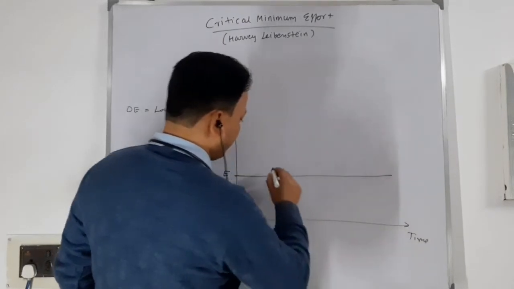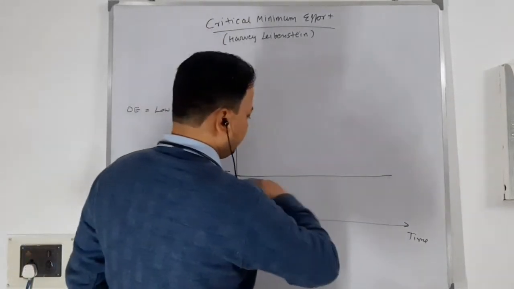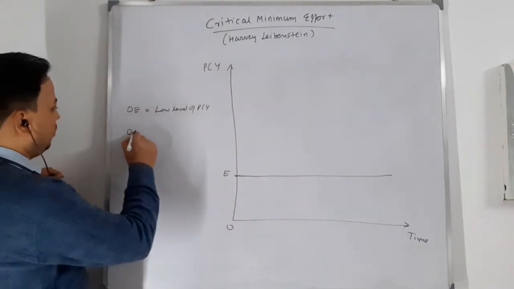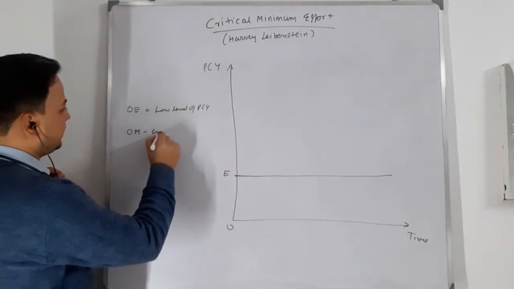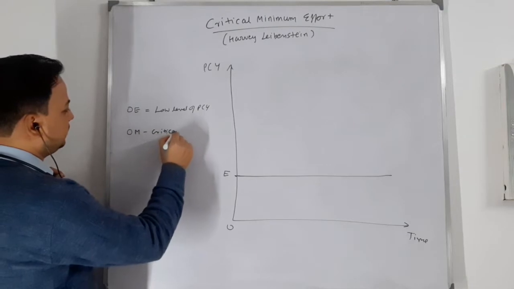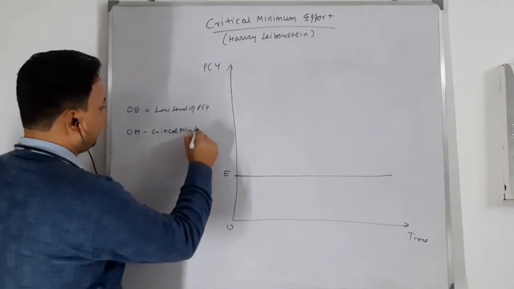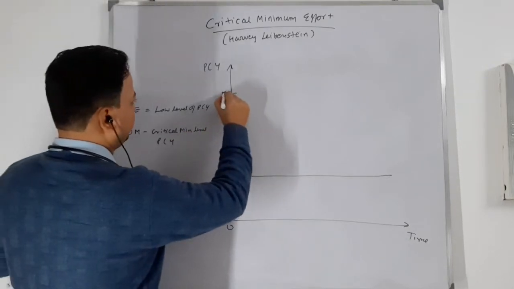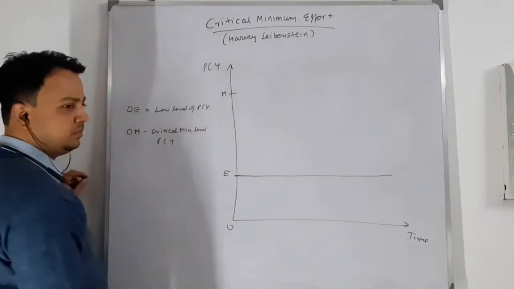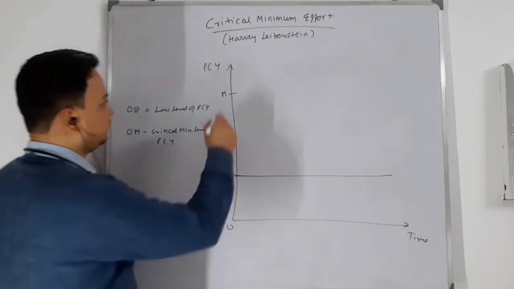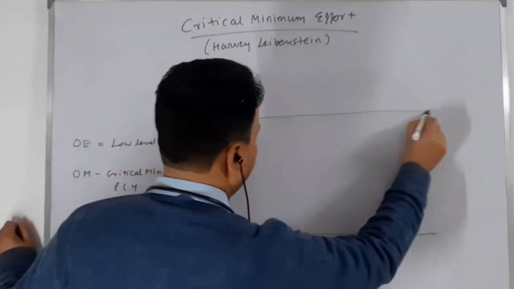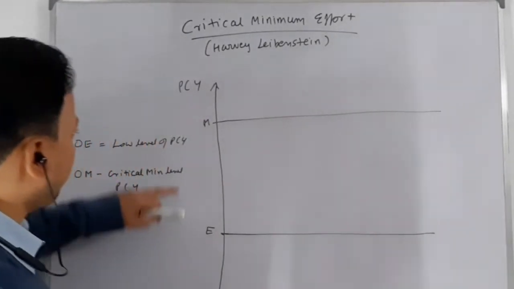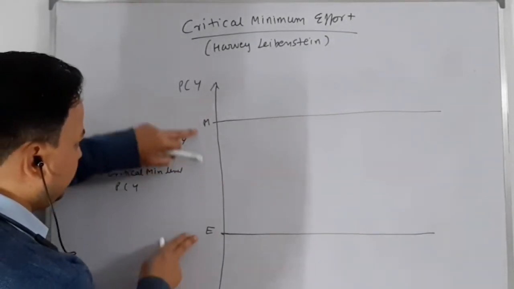Over time, if your income is not changing, it remains there, so it will be OE. OM is your critical minimum level of per capita income. This is the critical minimum level of income. Now there is a gap between these two, OM and OE, ME.